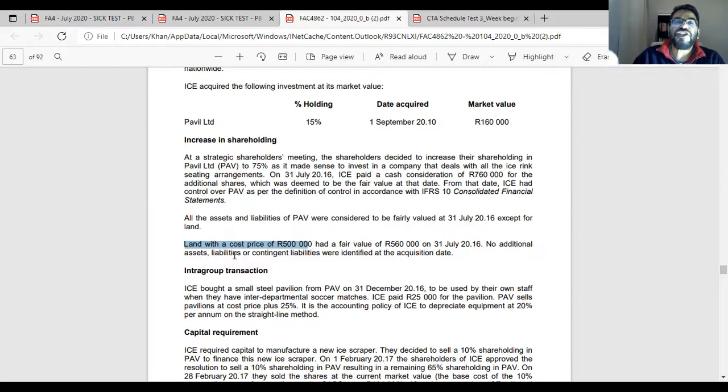That is a change in the nature of the investment, because it's not normal to normal, and it is not sub to sub. It is normal to sub or sub to normal. Like in this case, we went from 15% normal IFRS 9 to 75% subsidiary. Then you are deemed to have sold your entire stake and reacquired it.